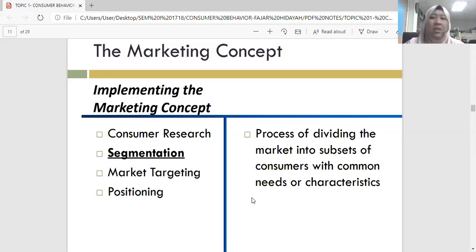When segmenting products by gender, you may realize that some of your physical products like toiletries or cosmetics are made for men and some for women.